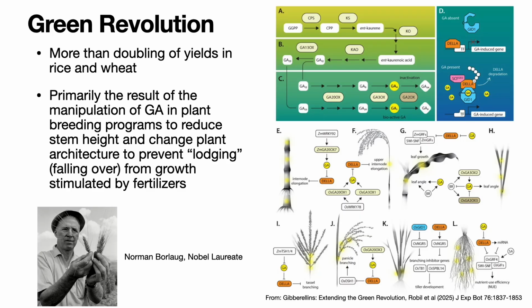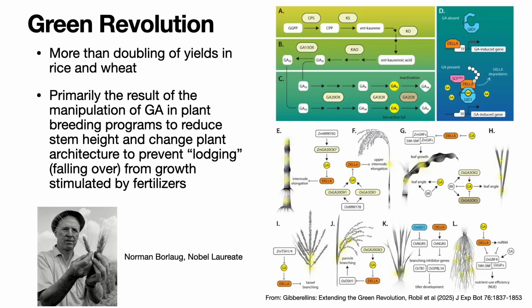A primary contributor to the Green Revolution was the development of new wheat and rice varieties with reduced stem height to prevent lodging, or the falling over of the grain heads on the ground, where they would rot. The manipulation of GA concentrations through the breeding of GA genetic mutants was primarily responsible for the success of the Green Revolution.